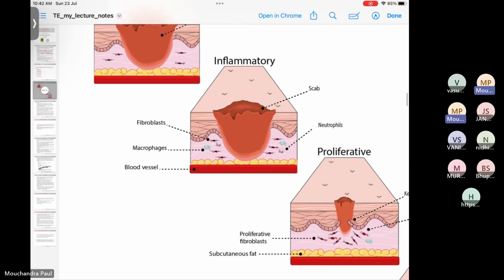Here the inflammatory cells like neutrophils, macrophages, etc., come into play, they try to engulf any foreign material that has entered from outside, and make the area free from any potential infectious agents.